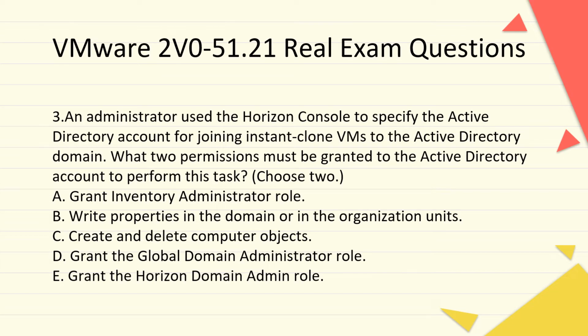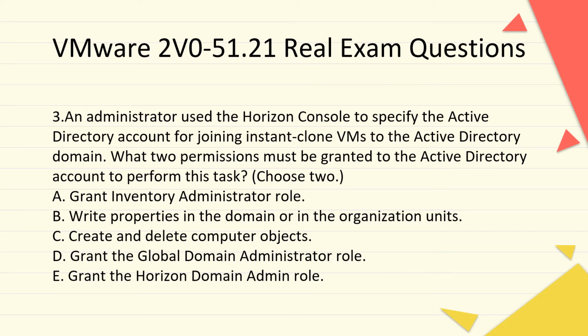3. An administrator used the Horizon console to specify the Active Directory account for joining instant cloned VMs to the Active Directory domain. What two permissions must be granted to the Active Directory account to perform this task? Choose 2. A. Grant inventory administrator role.